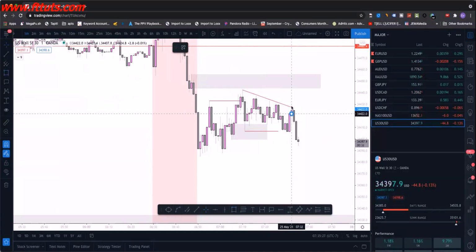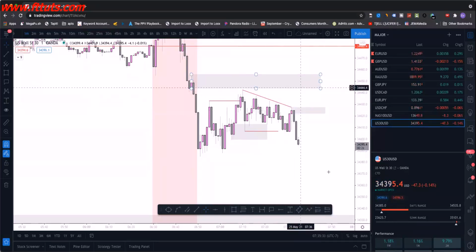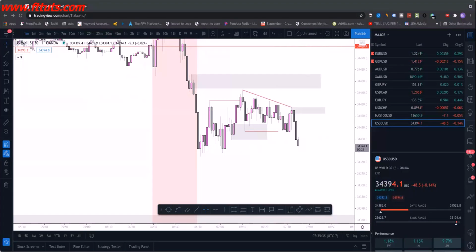We'll take a risky sell here as well. Small stop loss. If this gets ran, then I'll just wait for here. Just put a limit.